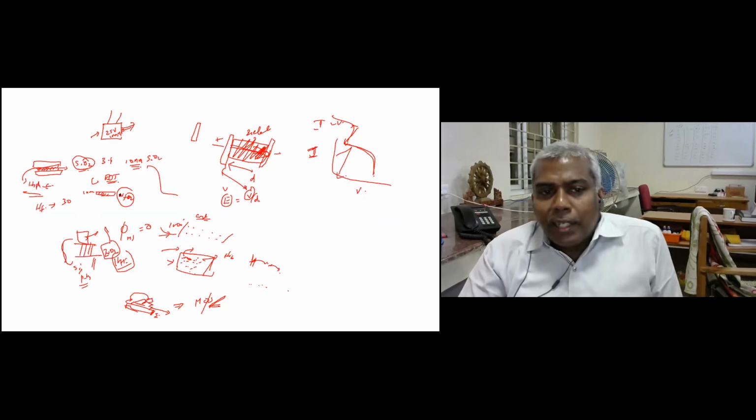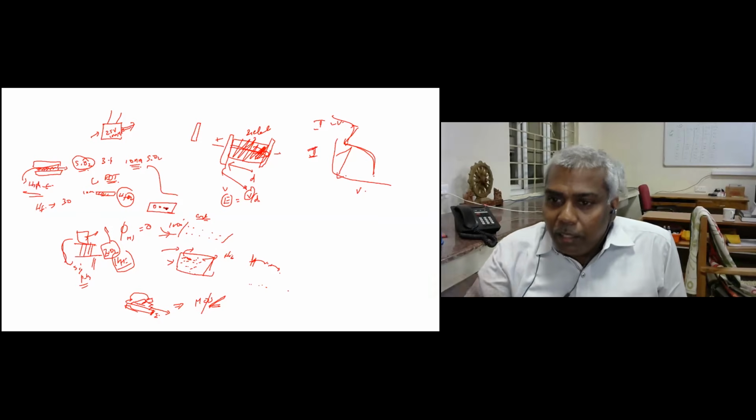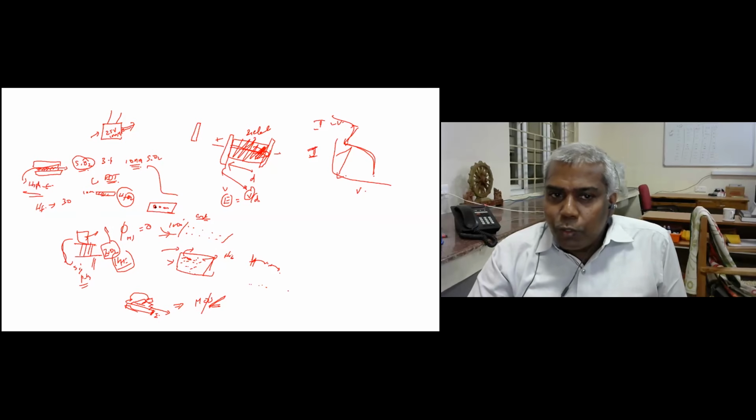And many attempts were made. People have made a hafnium oxide layer, or let's say an oxide layer, and put metal nanoparticles inside. These metal nanoparticles have positive charges, and the charges trapped here are negative charges.